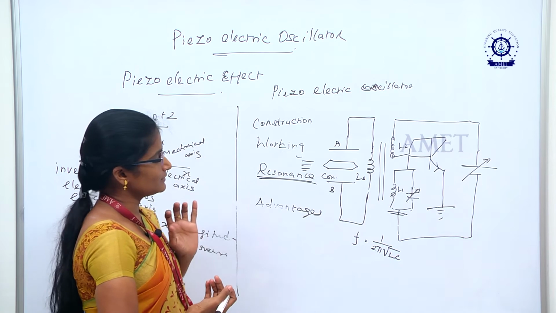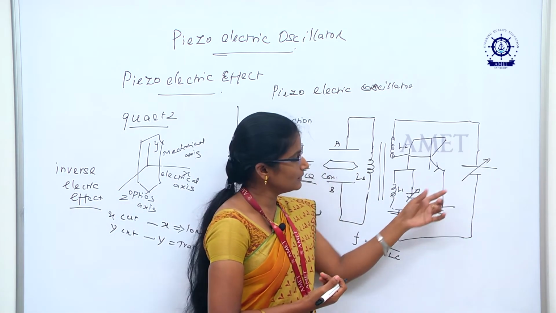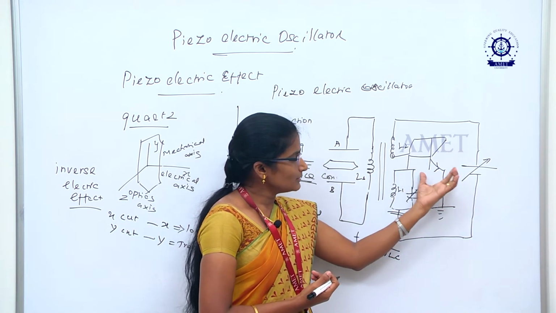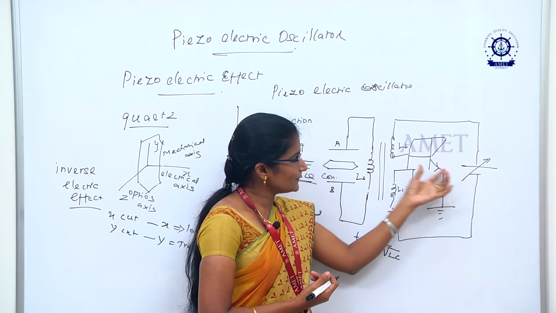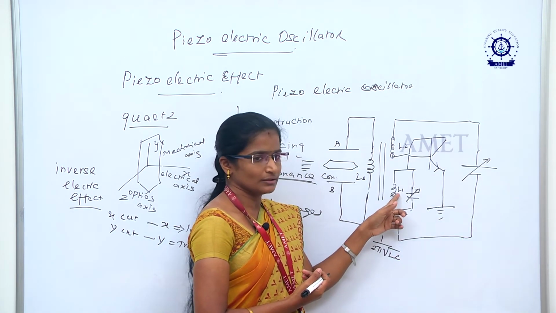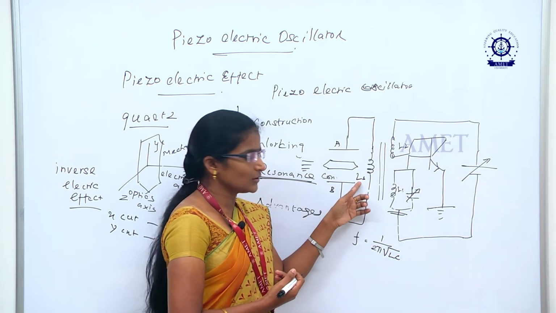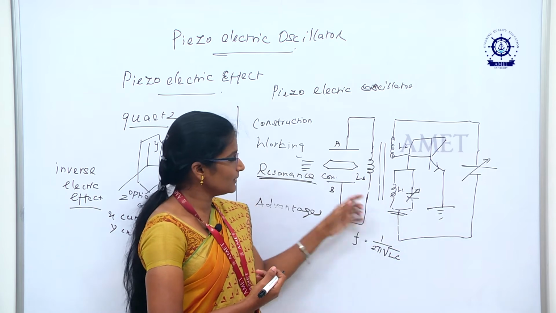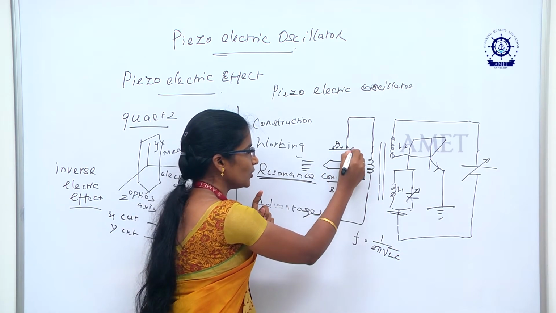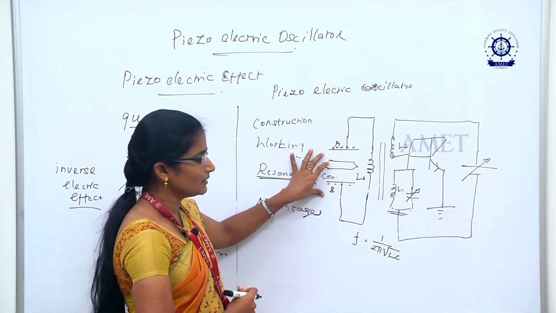Then the working: initially we switch on the high tension battery, and current is produced in the transistor. This current is used in the transformer primary circuit, the L1 and L2 coils. This coil transfers the current to the L3 coil by transformer action, and also the potential difference. Potential difference means opposite charges are accumulated at the two ends of the plates.